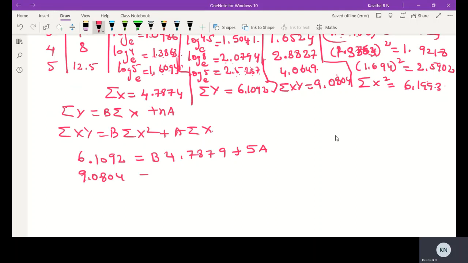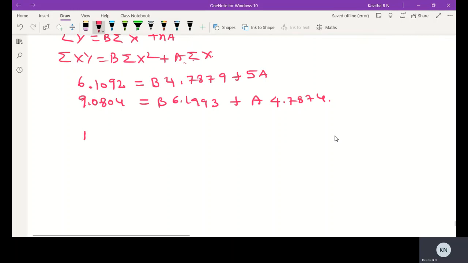Then next, summation of XY is 9.0804, equal to B into summation of X square, 6.1993, plus A into summation of X, 4.7874.